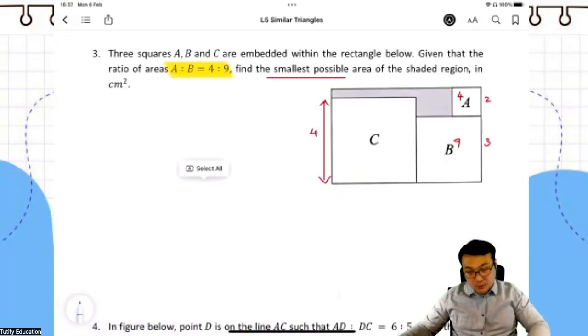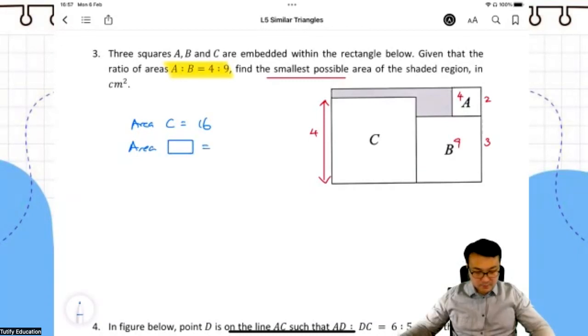Okay. So can you tell me what is, okay, let's say area of C. What's the area of C? 10. And what is the area of the entire rectangle? 35. Yes.